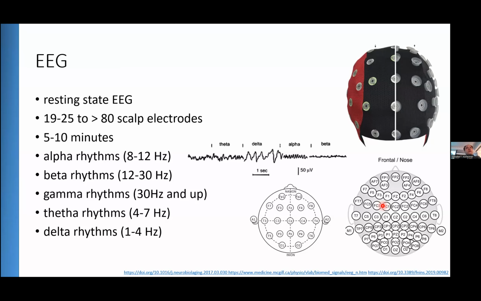This is because the brain is floating in the CSF. When we have an electric source, for example on the occipital cortex, we cannot simply say that because the activity was recorded in the electrodes overlying the occipital cortex, like O1 or O2, the source must be there.